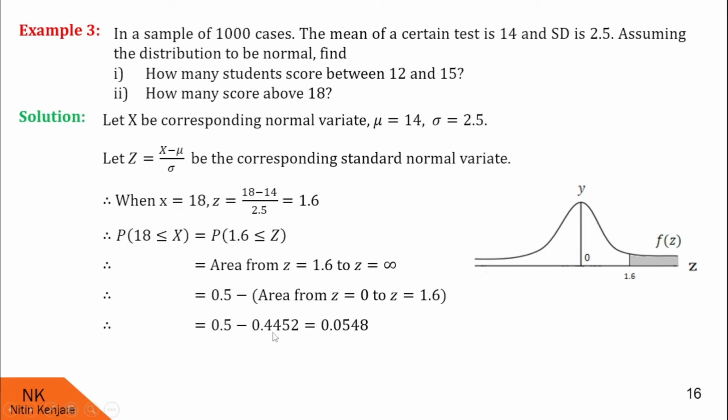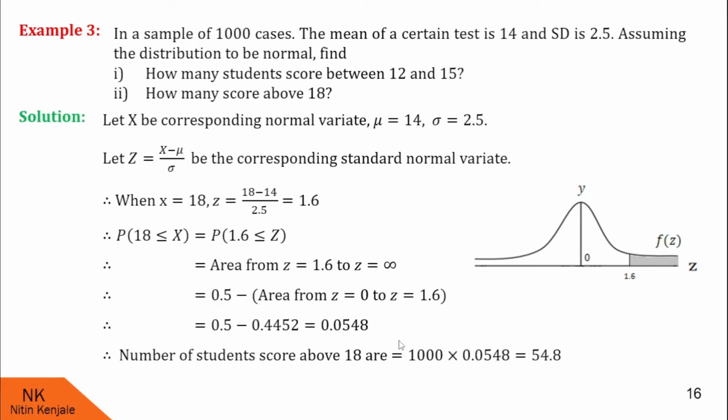We subtract 0.4452 from 0.5 to get the probability of x greater than or equal to 18, which is 0.0548. Now we multiply this probability with these 1000 cases to obtain the number of students who score above 18. We find it is equal to 54.8, which is approximately 55. So 55 students score above 18 marks.